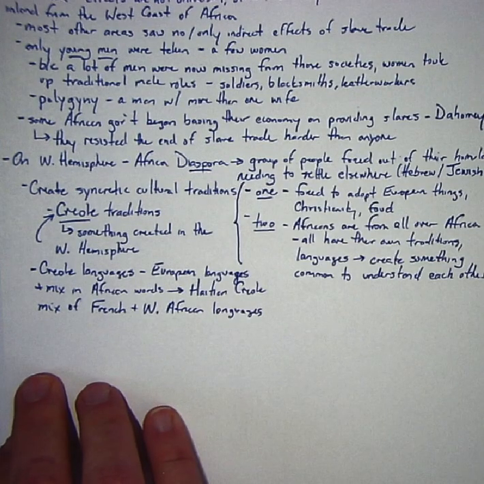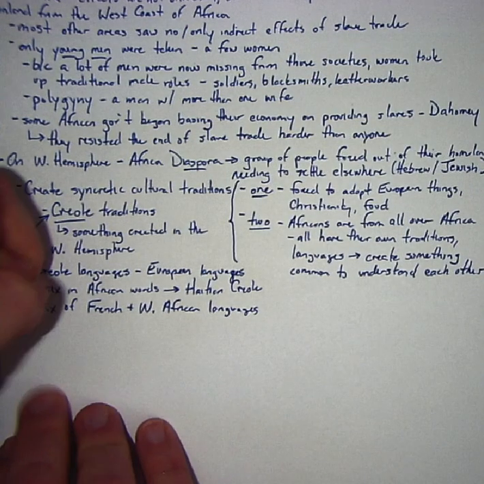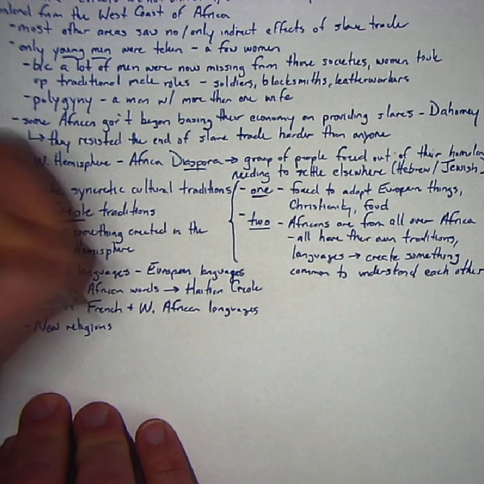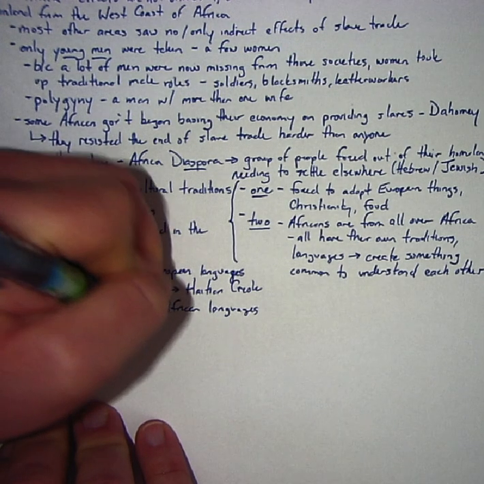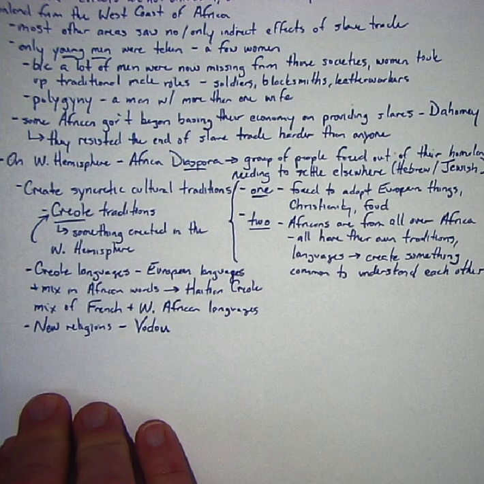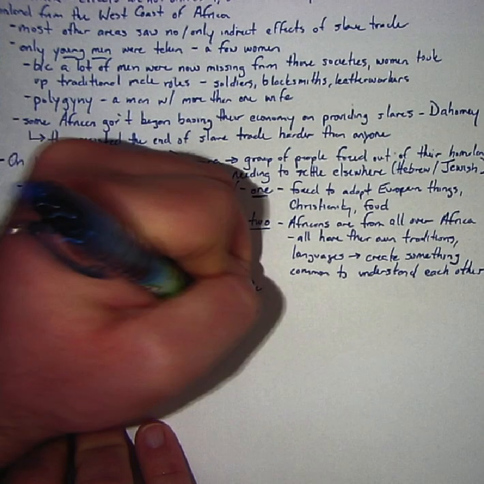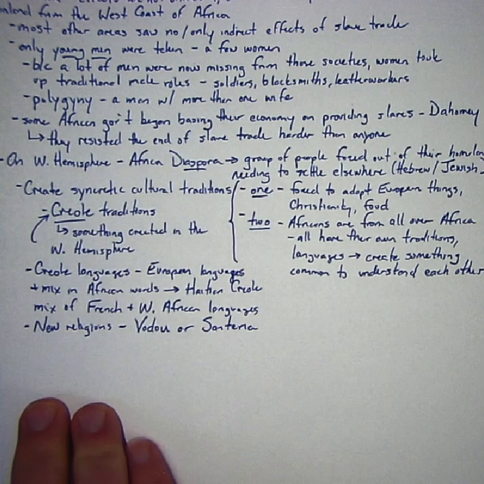We might also see some new religions. So we might think of voodoo or Santeria.